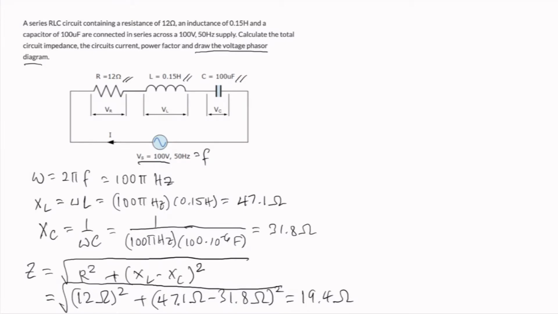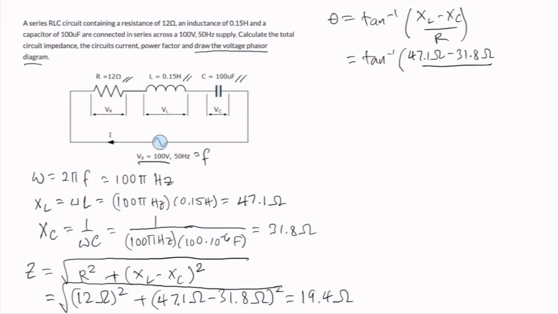From this, we can also solve for the phase angle. The phase angle is given by the inverse tangent of (XL minus XC) over R, which is equal to tangent inverse of (47.1 ohms minus 31.8 ohms) divided by 12 ohms.